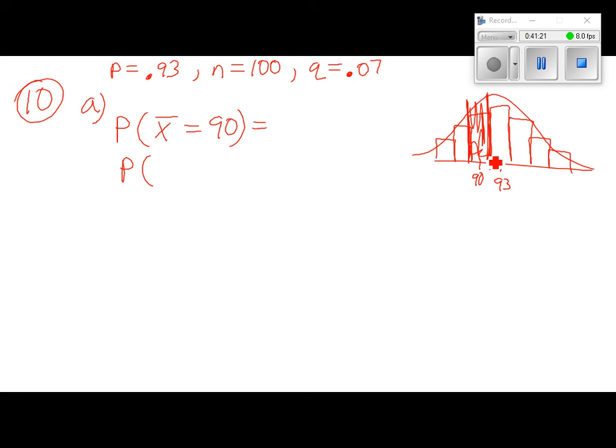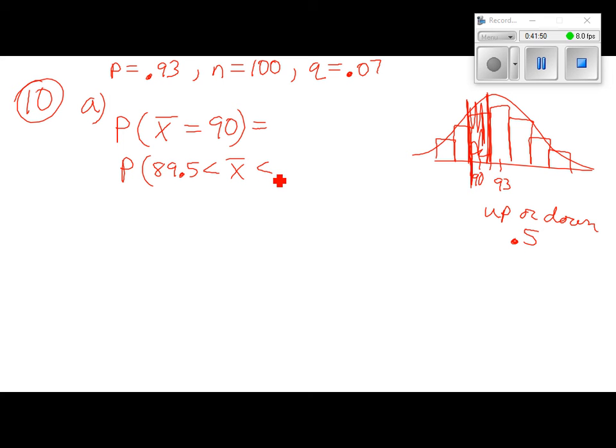Does anybody remember what we have to change this to if we want exactly 90? If 90 was right there, we're just trying to find the area of that bar. What do we go down to? Remember, how much do we go up or down each time? 0.5. Go up or down by a half. So what would we change that to if we're going down by a half? 89.5.